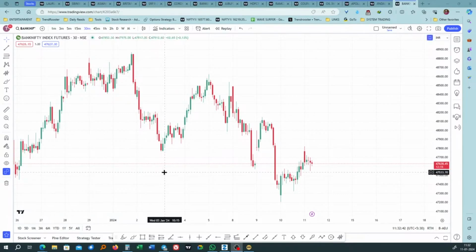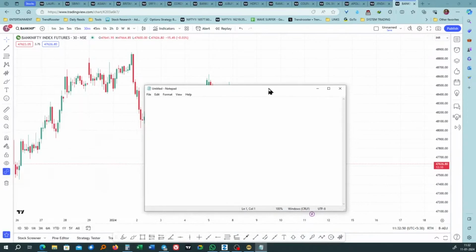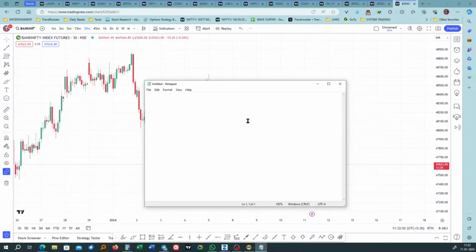Okay, so let's start with the typical questions that I get. You guys probably have questions too, but this is the typical one: how to identify the market bias, trend, or market direction.